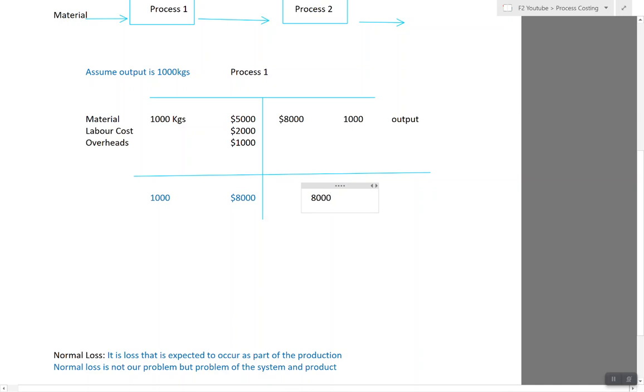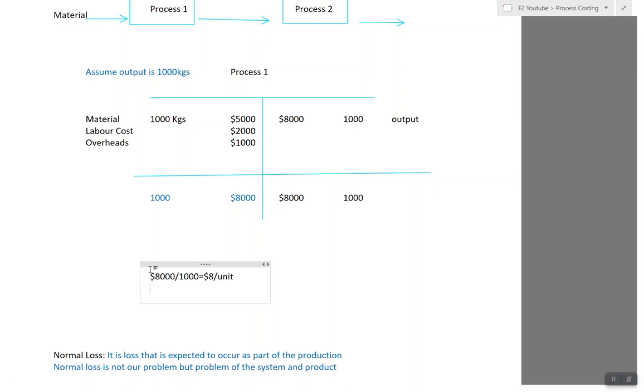Remember, in process costing, the important thing is making both sides balance, the debit side and the credit side, in terms of units and in terms of cost. So we have 1,000 kgs output, which costs 8,000. If I take 8,000 divided by 1,000, that gives us 8 per unit.